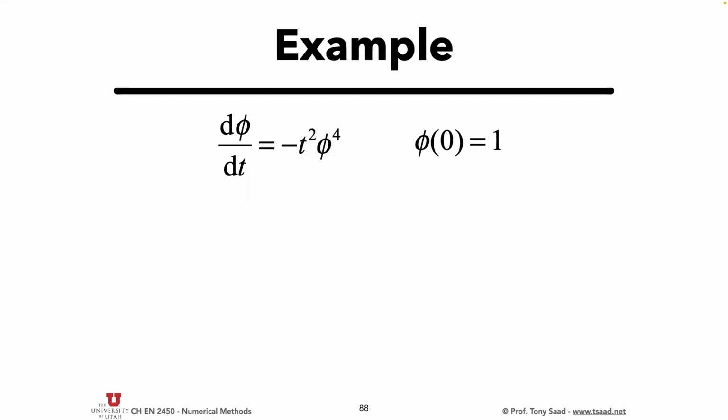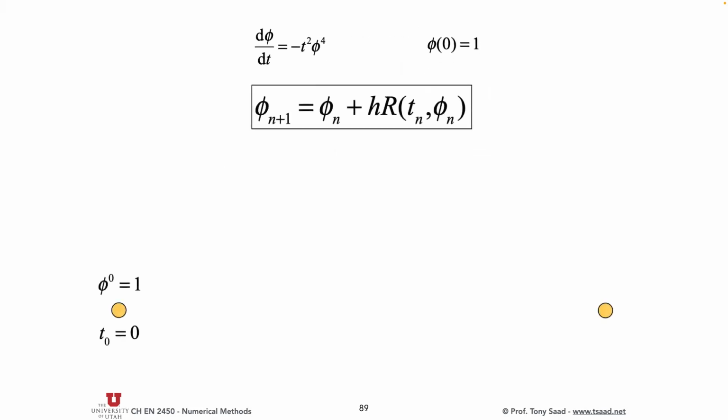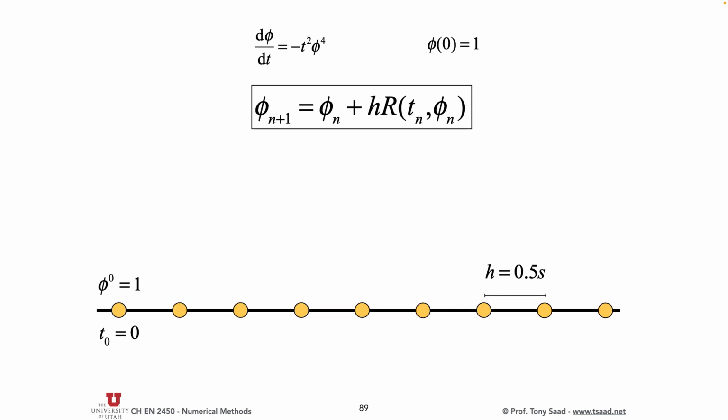Now you see the right-hand side is a function of both time and the dependent variable itself. So it's a function of the independent and the dependent variable. We're starting from t0 to some arbitrary time t end. And I'm asking you to take a time step of 0.5 seconds. And therefore, your t1 is 0.5, t2 is 1, t3 is 1.5, and so on.